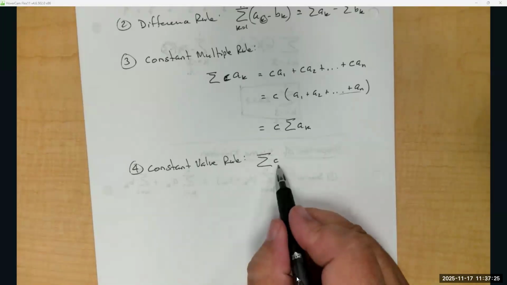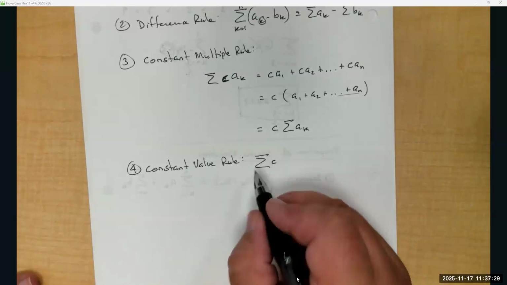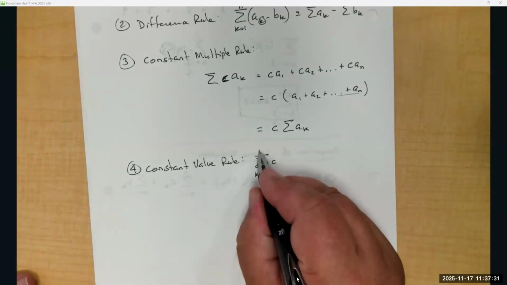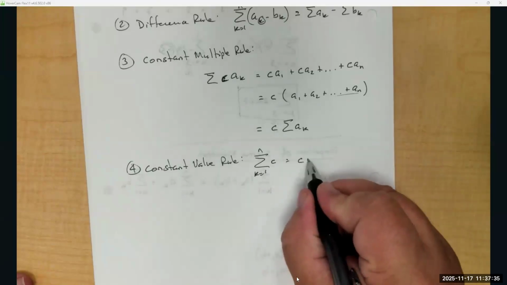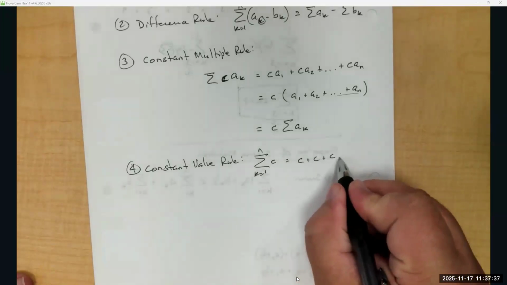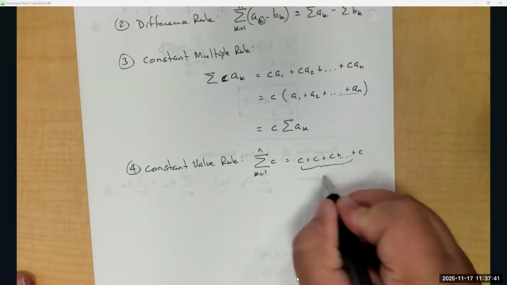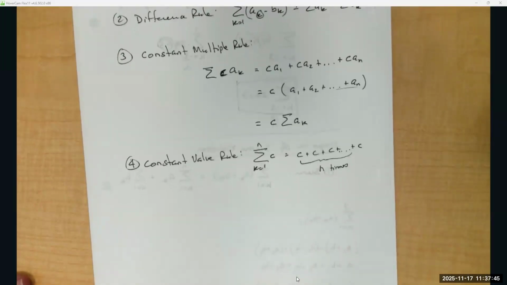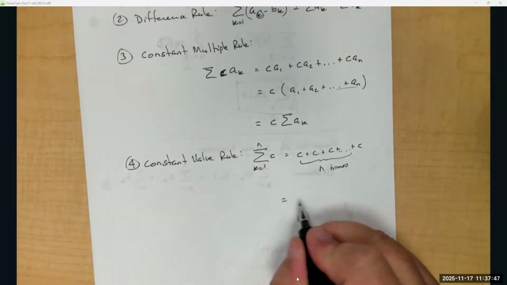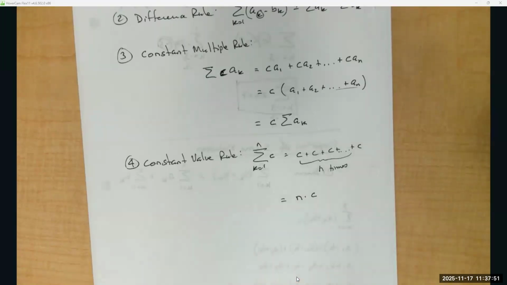If it's just a number and you have this summation symbol from k equals 1 to n, that means this number here is added to itself n times, which is exactly the definition of multiplication.